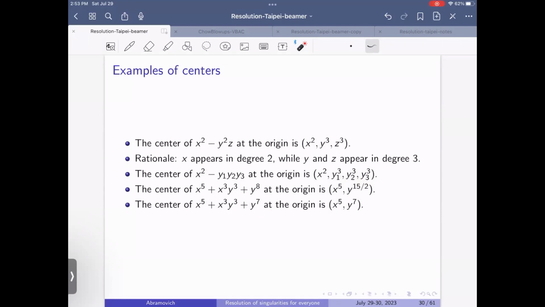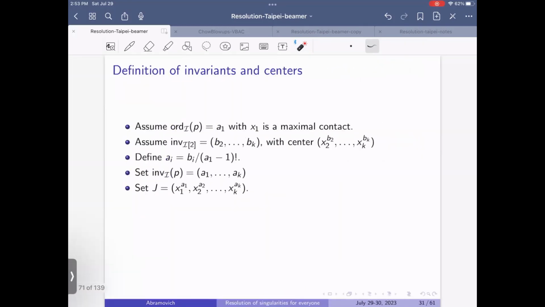Now I need to tell you how to do it really. Let me tell you how to define the invariant and the centers. And the definition is inductive. So assume that the order at a point P is A1 with X1 a maximal contact element.